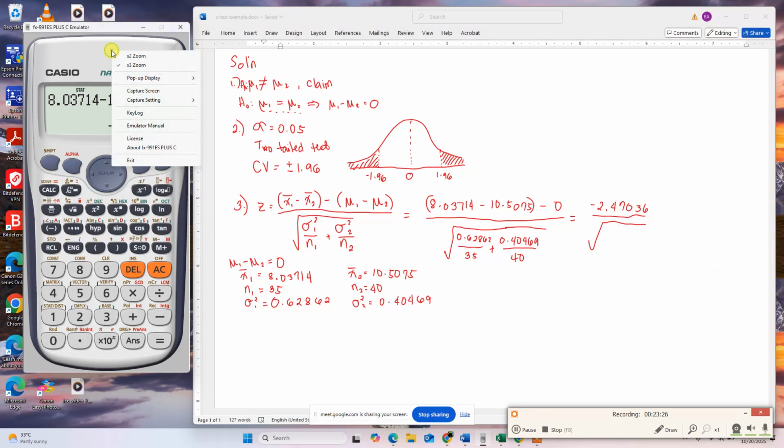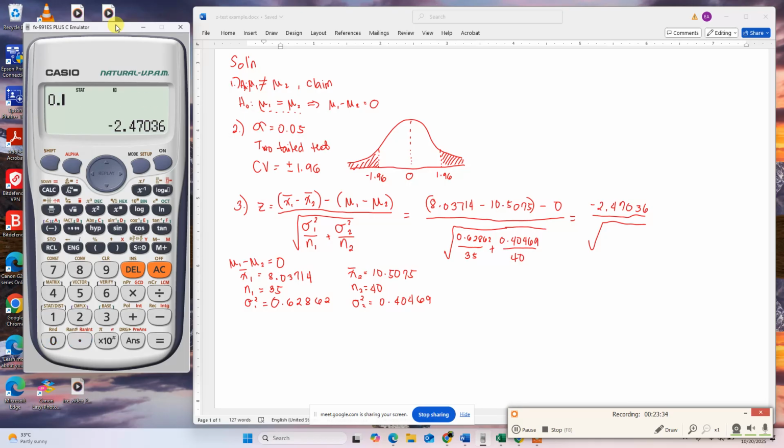You have 0.62862 divided by 35. In this case, let's round off to 5 decimal places, to be sure.